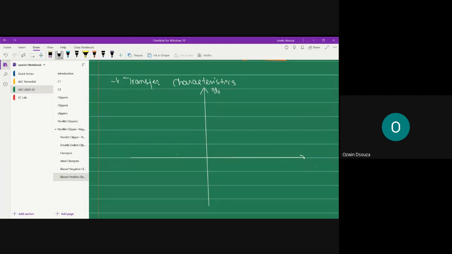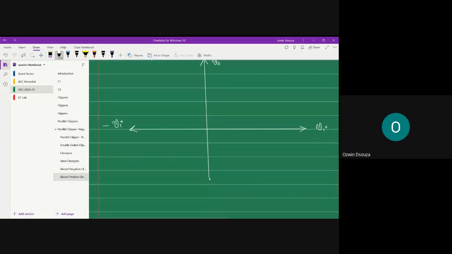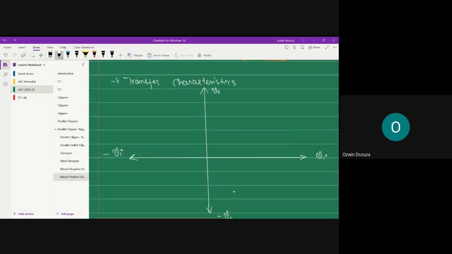V naught, Vi, minus Vi, minus V naught. So during the positive half cycle, when your input is at 0 volt level, your output will be at Vm minus Vt level, let's say somewhere here.